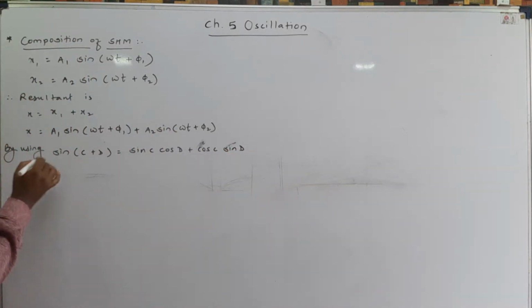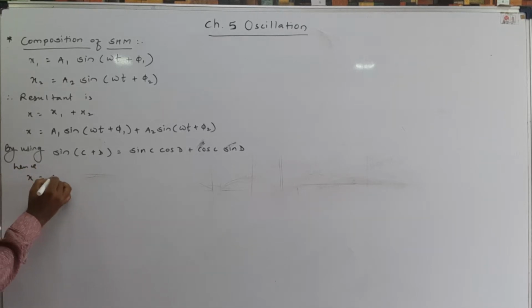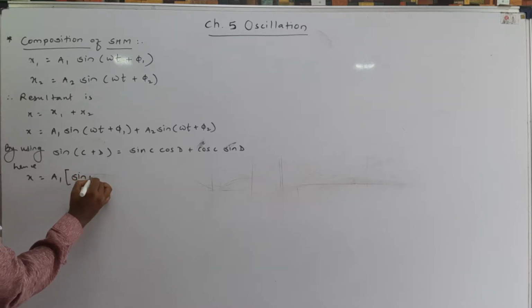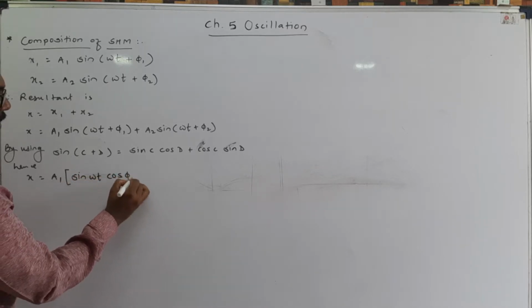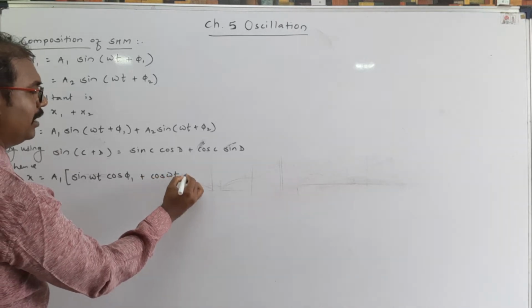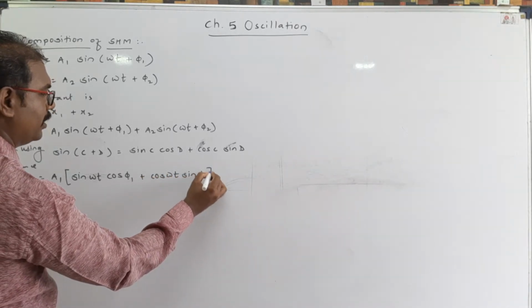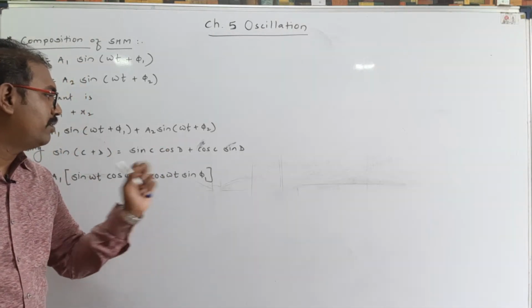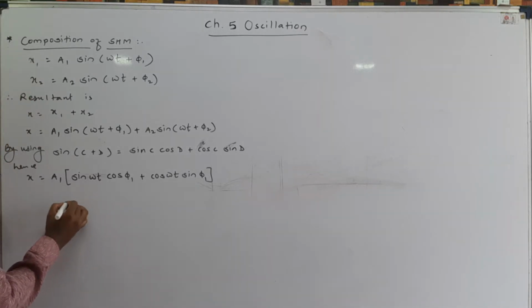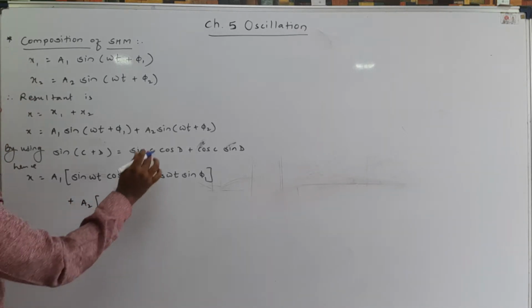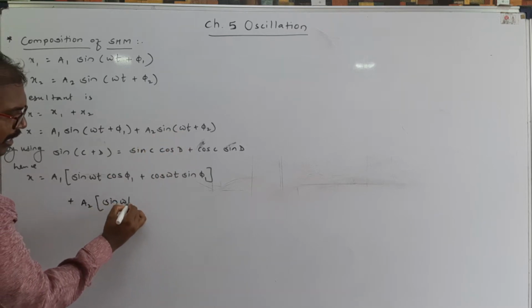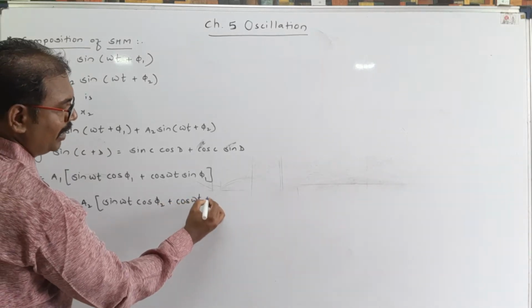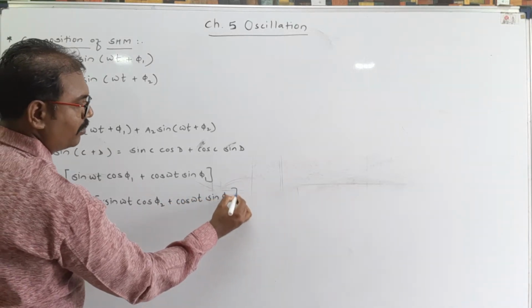By using this formula, we can write X is equal to A1 as it is, and this term I have to expand: sin omega t cos phi 1 plus cos omega t sin phi 1. This is the expansion of this bracket. Similarly, we use the same formula here: plus A2, then in a bracket sin omega t cos phi 2 plus cos omega t sin phi 2.